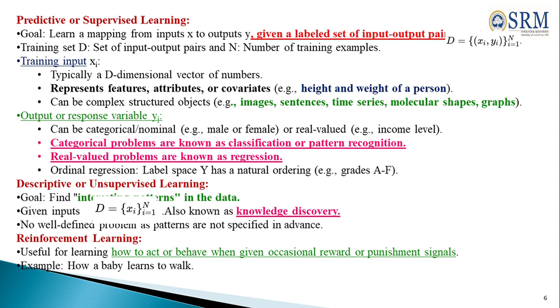Or I am going to predict the income level of a person, which is real valued. So it could be a categorical one or a real valued one. These categorical problems are known as classification, or pattern recognition, whereas the real valued problems are called regression.